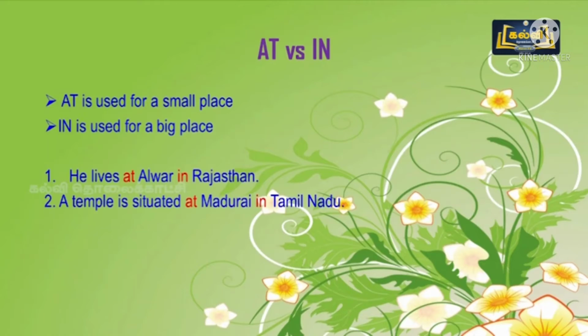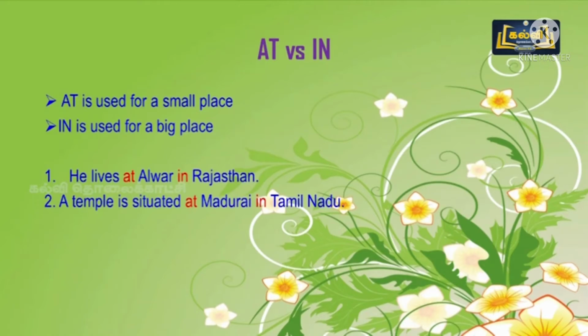For example, he lives at Alwar in Rajasthan. Rajasthan is a district, it is a big place, so we are using in here. And Alwar is a particular place, that too a small place, so we are using at here. Now are you clear? The second example.